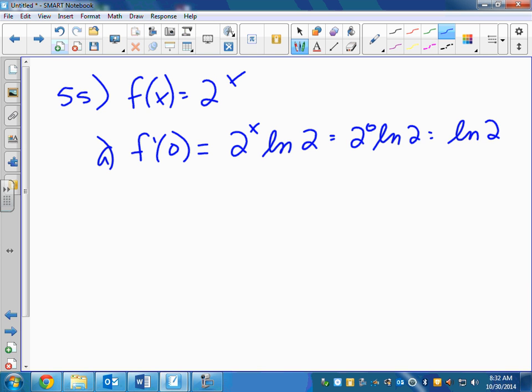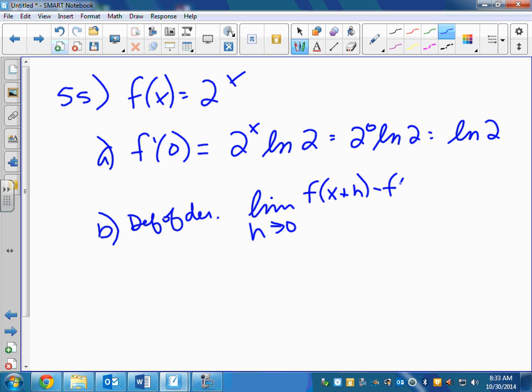But the definition of a derivative is the limit as h approaches 0 of f of x plus h minus f of x all over h. Any memories of that? There's the alternate form of the definition of a derivative, but looking at C and D, since they're talking about h approaching 0, that's how I knew to use this definition of derivative.